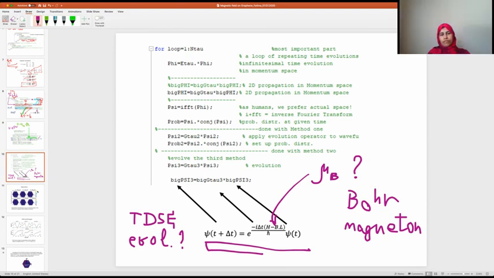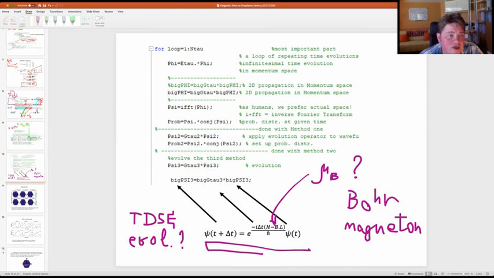I think there is one slide missing. Yes, let's edit that together right now.